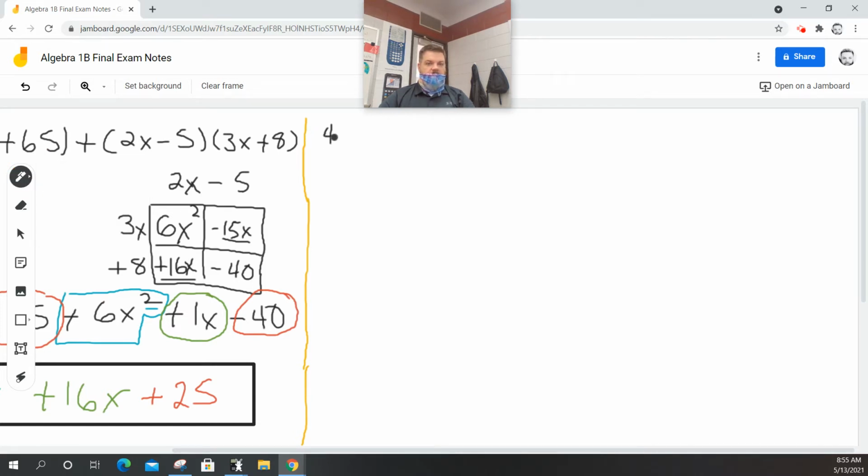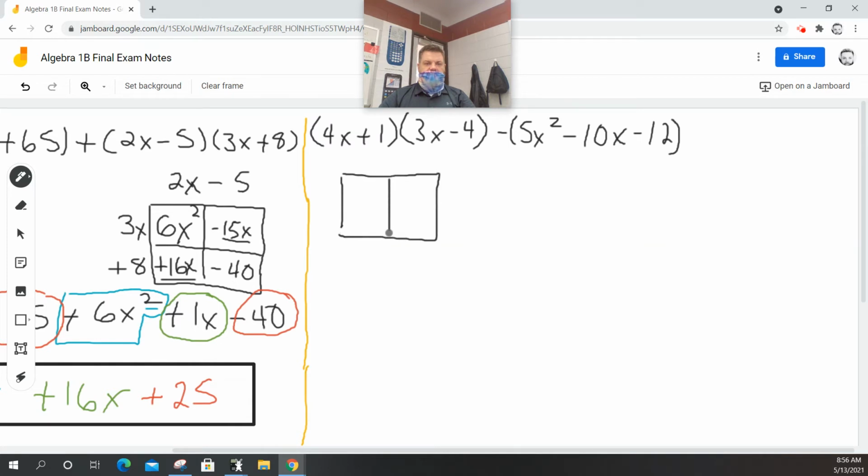I'm given 4x plus 1 times the quantity 3x minus 4 minus 5x squared minus 10x minus 12. Same thing. Draw my box. I've got 4x plus 1 times the quantity 3x minus 4.